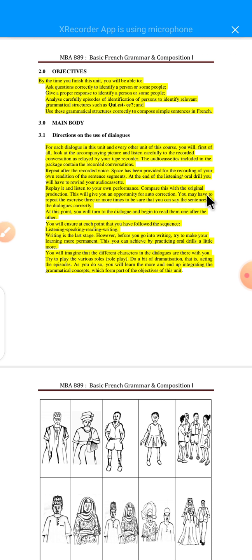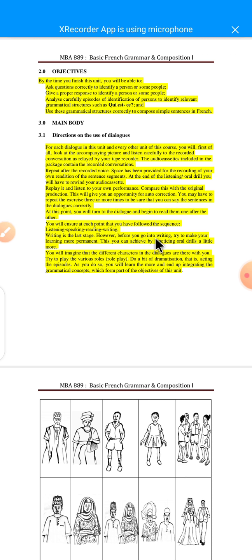You may also have to repeat the exercise 3 or more times to be sure that you can say the sentences in the dialogue correctly. At this point, you will turn to the dialogue and begin to read them one after the other. You will ensure at each point that you have followed the sequence, which is listening, speaking, reading, and writing. Writing is the last stage.